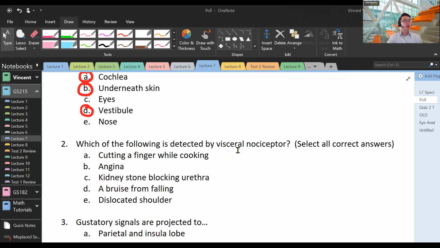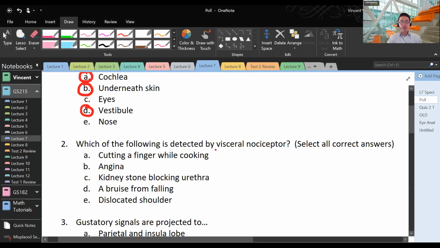Okay, so you can see it's kind of all over the place, but visceral nociceptor. Nociceptors are pain receptors, right? And visceral means they're relaying pain that originates from like the inside of the body. Okay, generally things that you don't have voluntary control over. So if you cut your finger, right, that is not from the inside. That is going to be relayed through the somatic nociceptor.